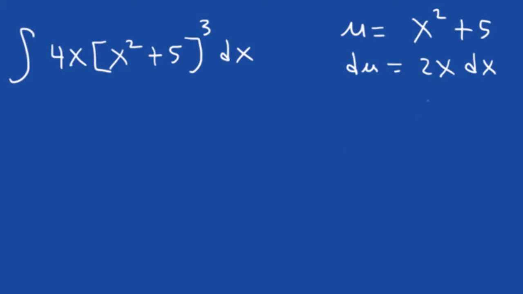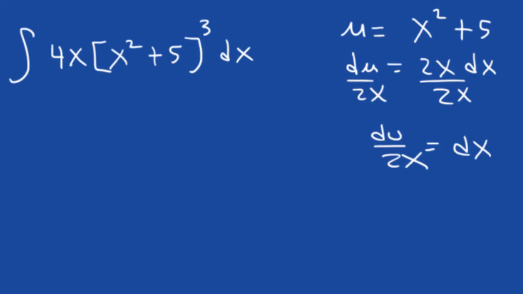So what I am going to do now is solve for dx in this equation. If I divide both sides by 2x, dx is equal to du divided by 2x. Now what you need to do is replace x squared plus 5 with u, and you replace the dx with du over 2x, and it will all work out.